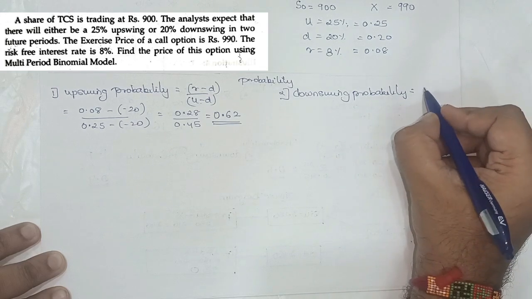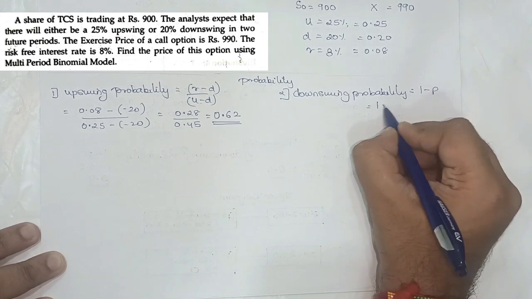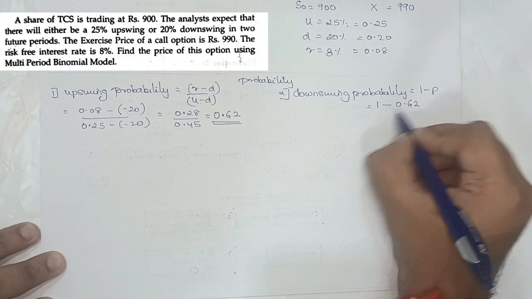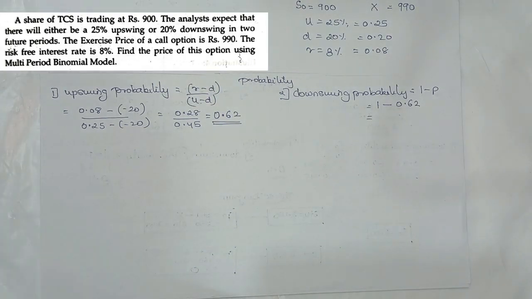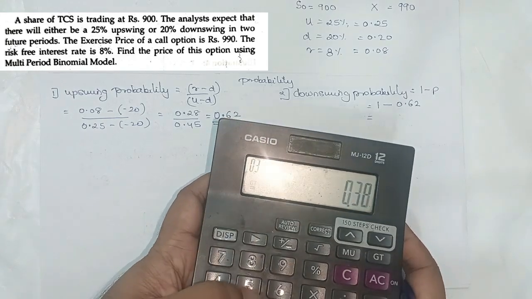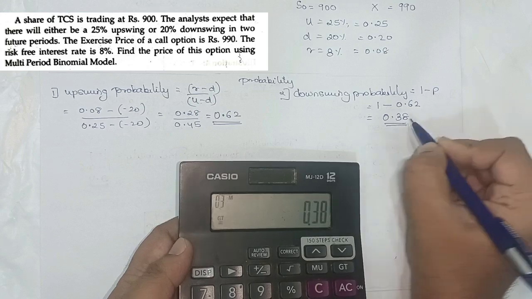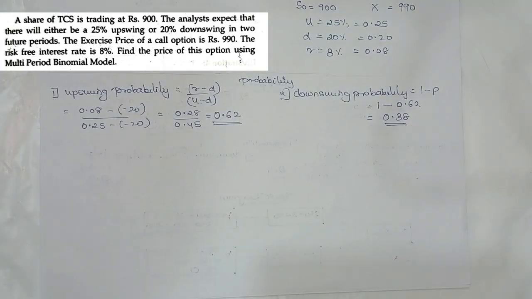The formula is 1 minus P, so that will become 1 minus 0.62. When you subtract it, 1 minus 0.62, we get 0.38. So there is a 62% chance there will be an upswing, or a 38% chance there will be a downswing under the particular condition.